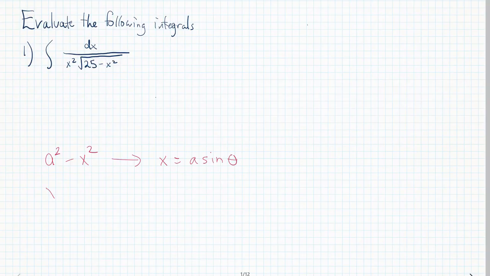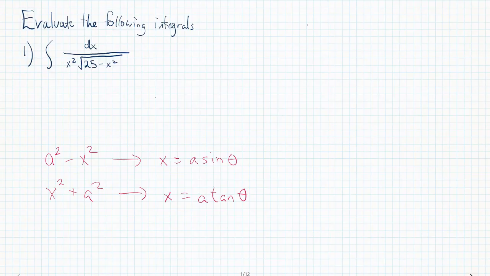If you have something of the form x squared plus a squared, the appropriate substitution is usually x equals a tangent theta. By the way, on the a sine theta, you could actually have used a cosine theta. It just makes your derivatives a little bit more wonky, meaning you'll have a negative value appear in there.